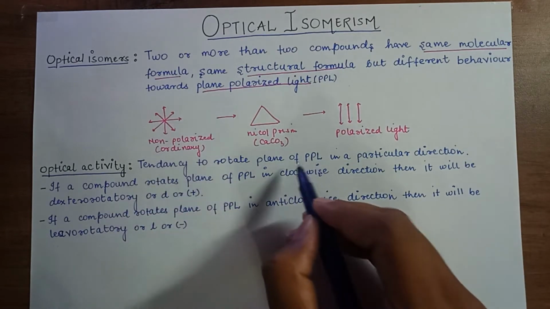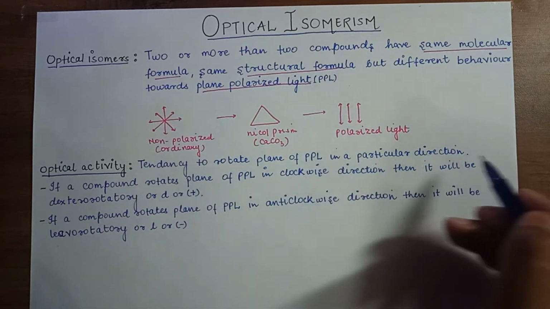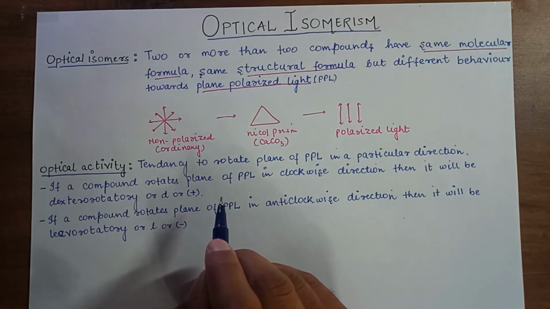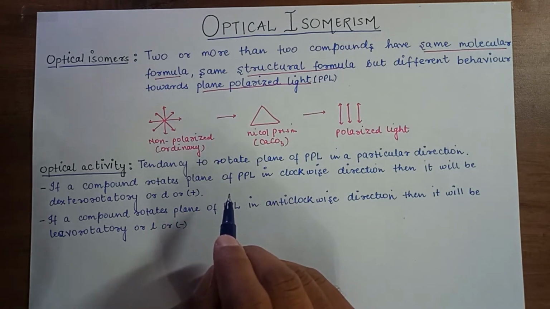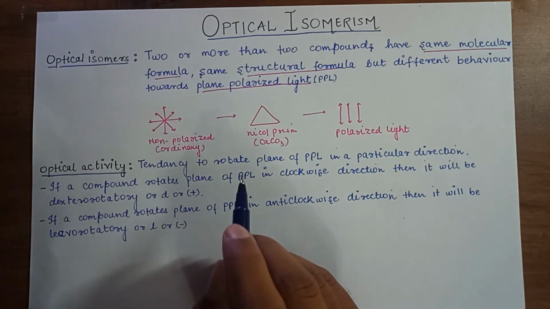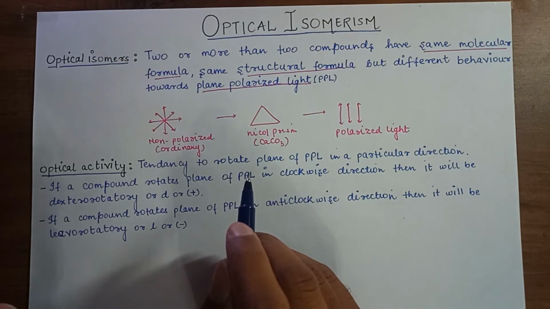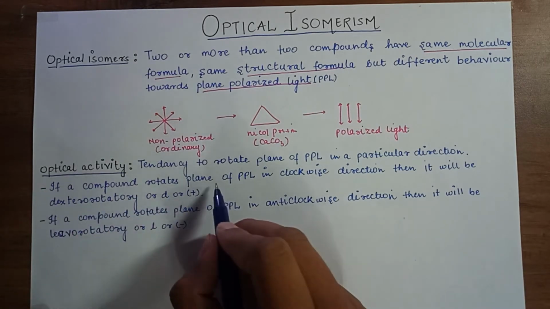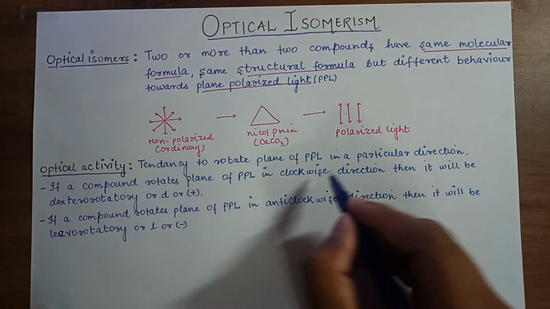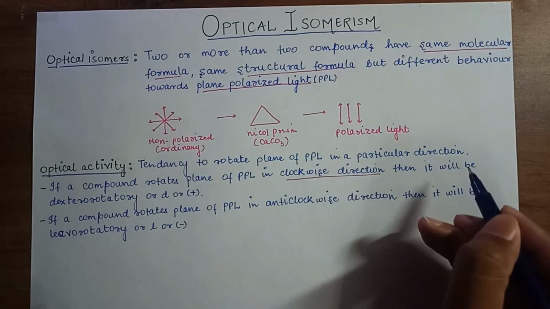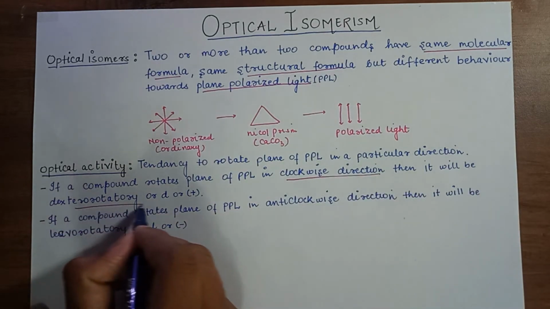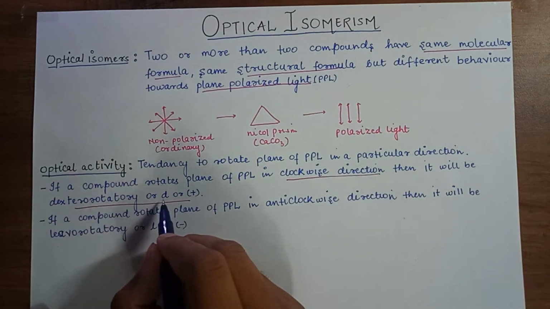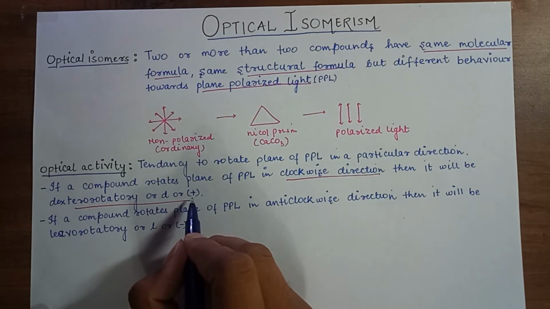The tendency to rotate plane polarized light in a particular direction is called optical activity, and such compounds are optically active. If a compound rotates plane polarized light in a clockwise direction, it is dextrorotatory, indicated by small d or plus sign.